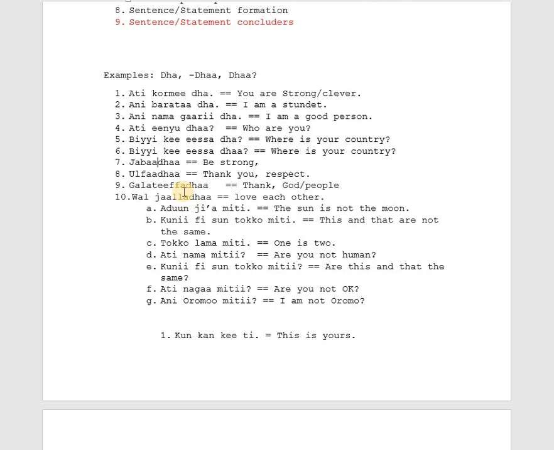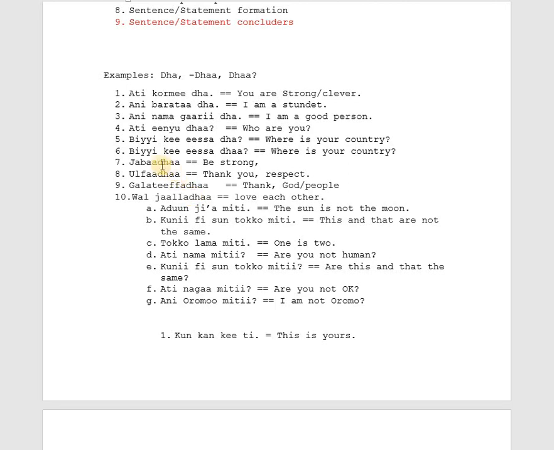It's really hard to say the meaning, but it is reflective and also plural. Reflective means, how can I say? Like here, Waljalada, love each other. So it refers to both or all of the people.